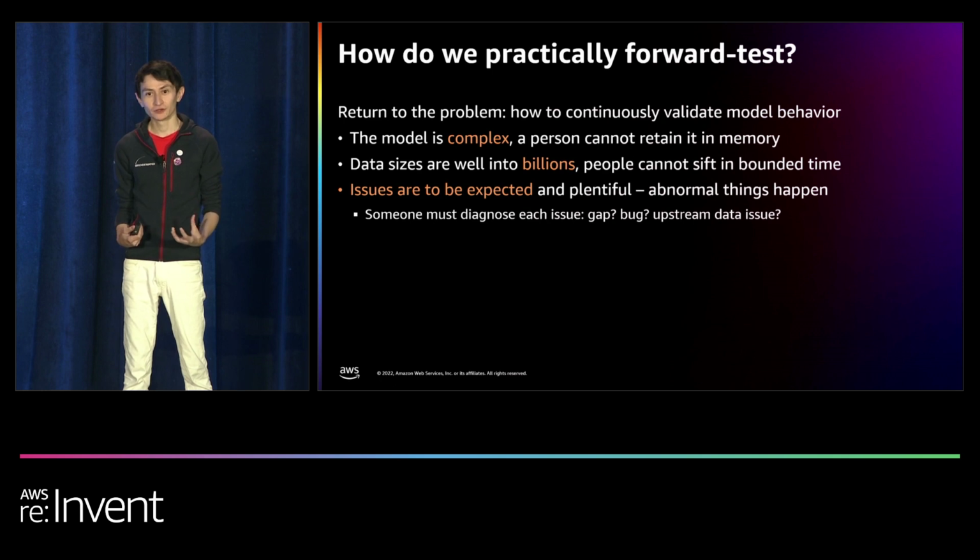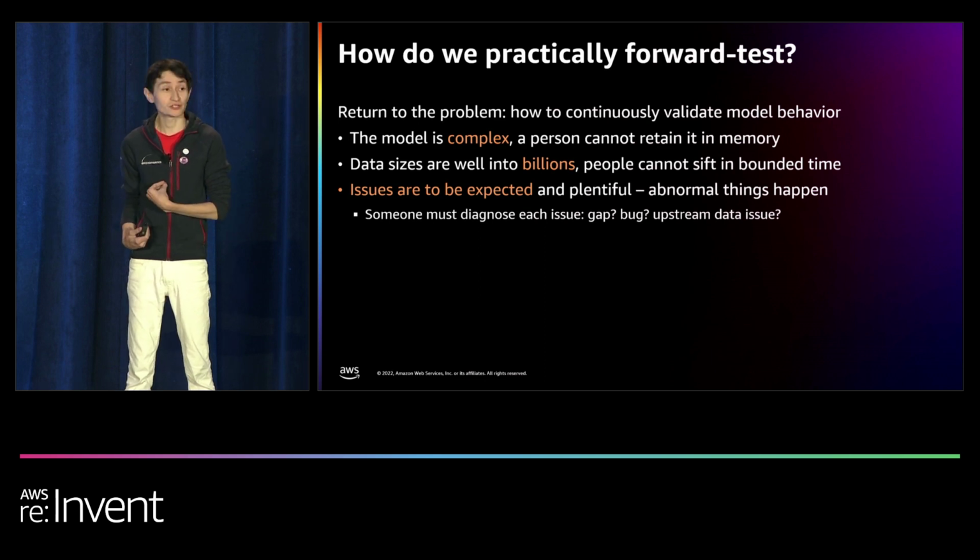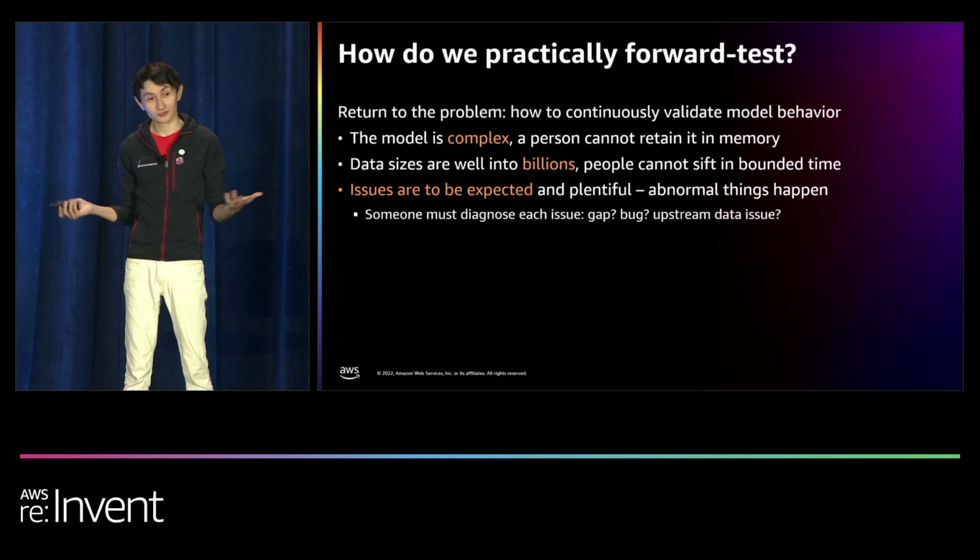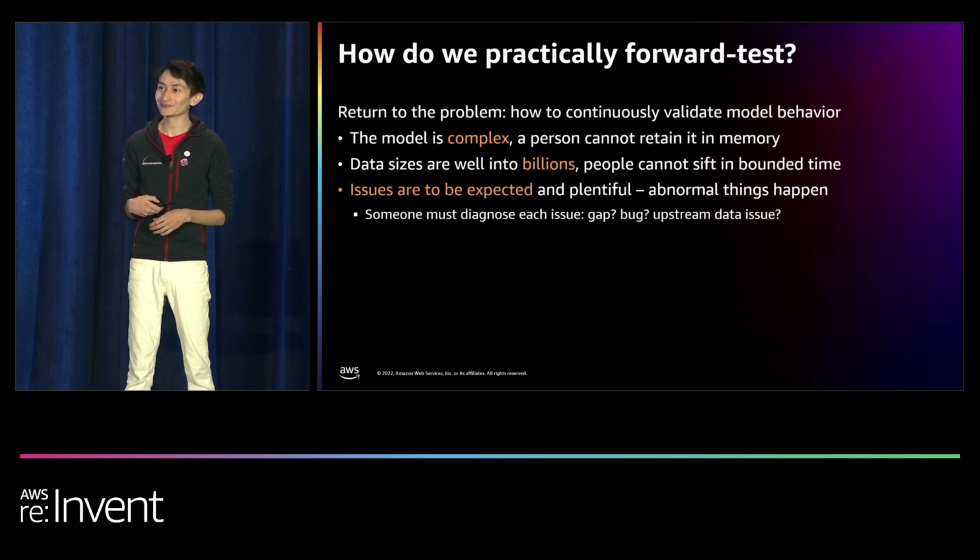When these happen, someone needs to diagnose what went wrong. Is it something that we don't understand about the economy, like a gap in our understanding? Is it just a bug in the code? Happens. Or maybe it's some upstream data issue. Someone needs to look at that and understand why that's happening. Now, if you are a technologist, and you probably are, at AWS, you'll probably think about firing up a debugger.